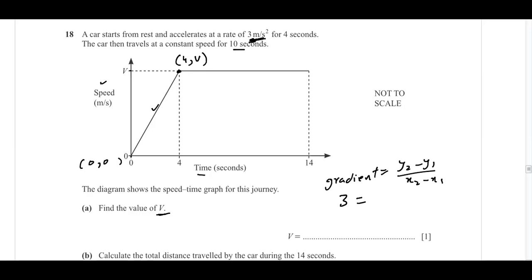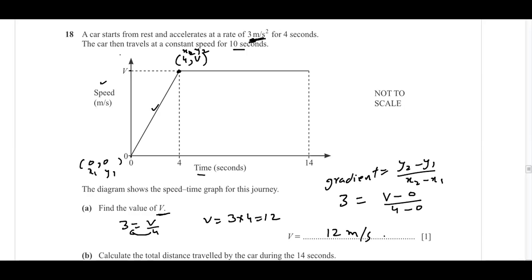This is your x1, y1, and this is your x2, y2. So y2 is v, minus y1 which is 0, over x2 which is 4, minus x1 which is 0. So 3 equals v over 4. Shift it to the other side, so v equals 3 times 4, which is 12 meters per second.